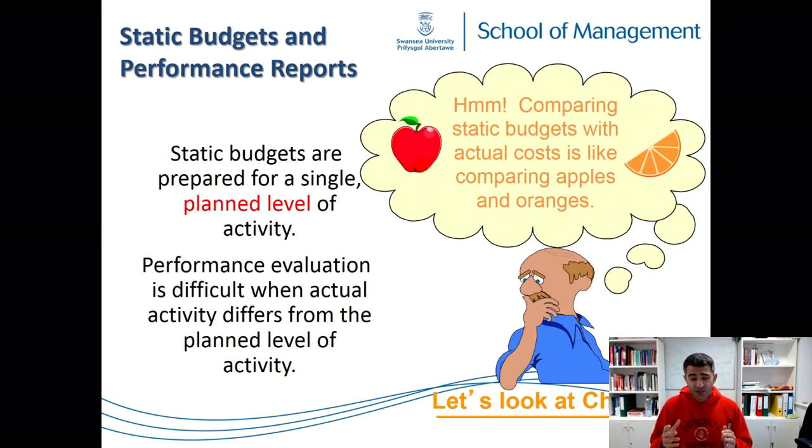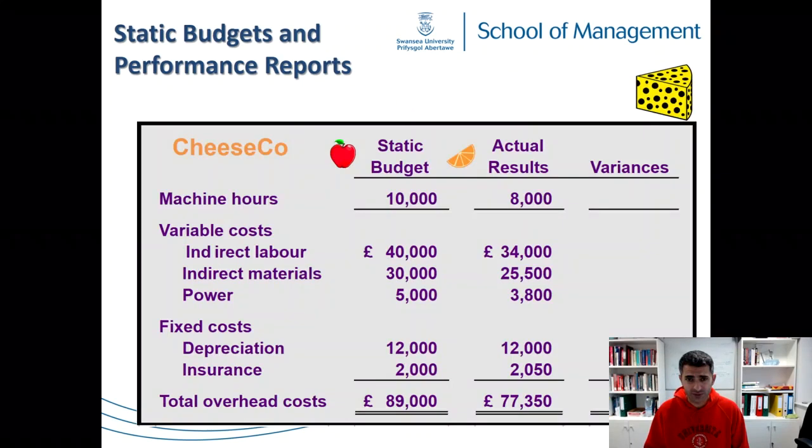So the point here is that if you compare the static budget with the actual cost, it's like you're comparing apples with oranges. So let's go and look at this example. If you look at this, this is a static budget. When I say static budget, I mean the apples here.